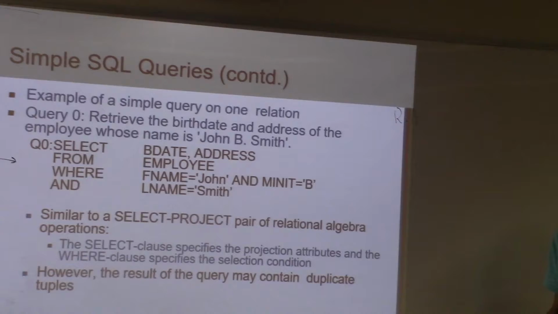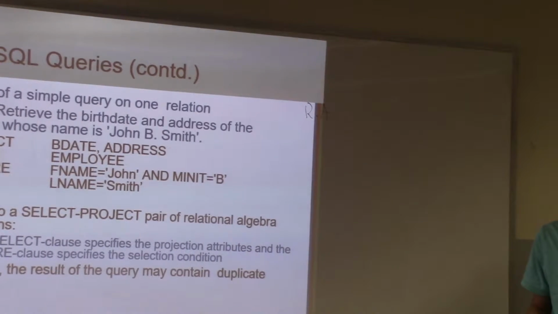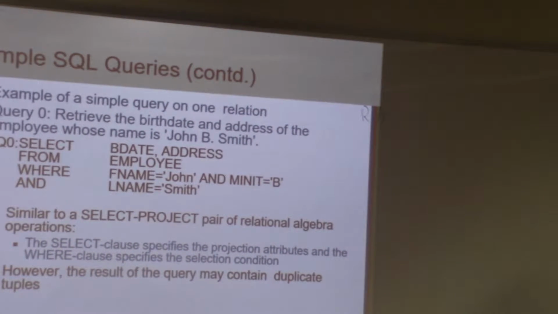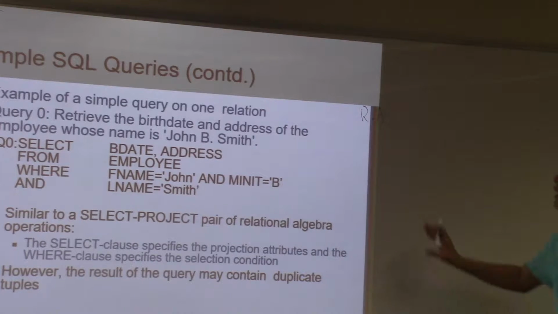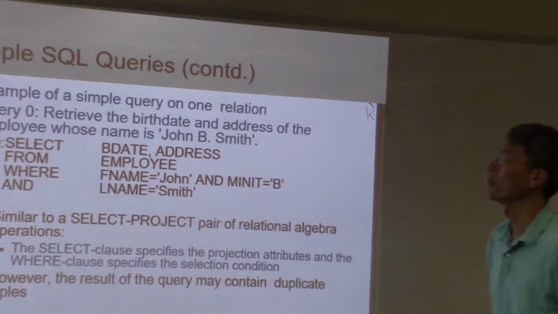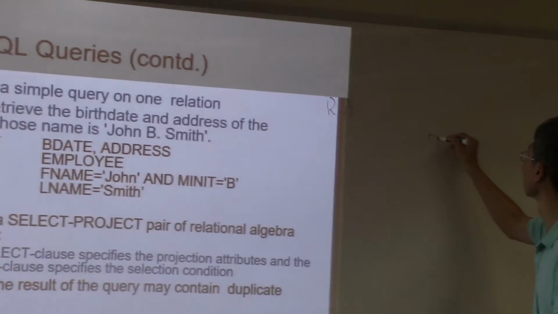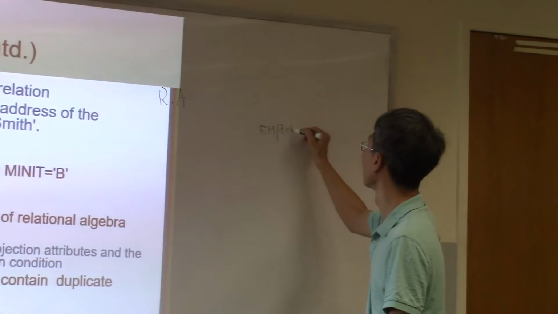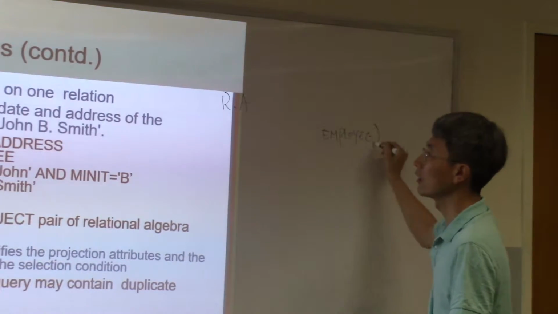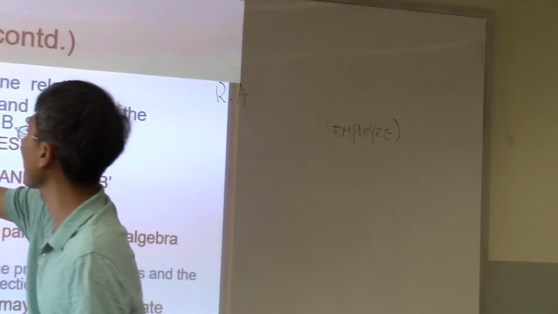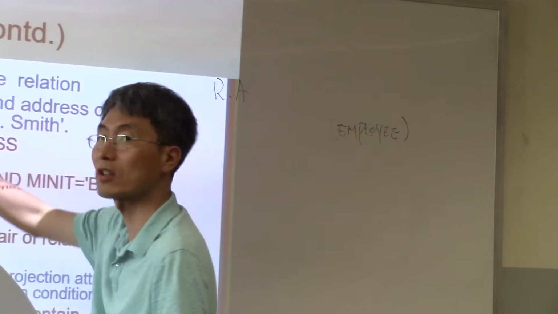In terms of relational algebra, first we need to decide the relation, the data source. What relation do we need to retrieve such data? Employee is enough. Then the employee whose name is John B. Smith is a condition.